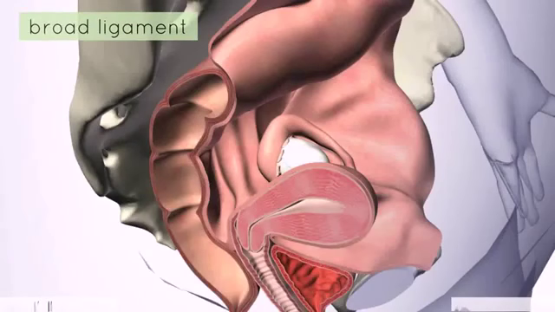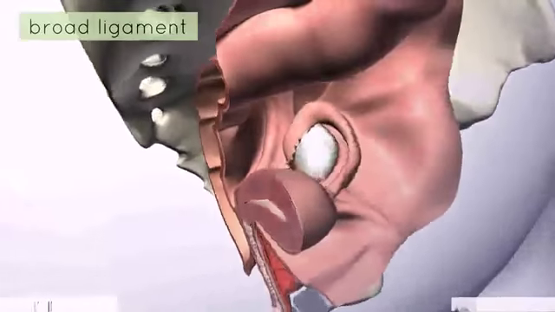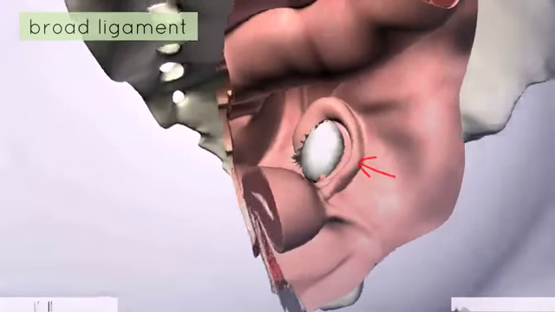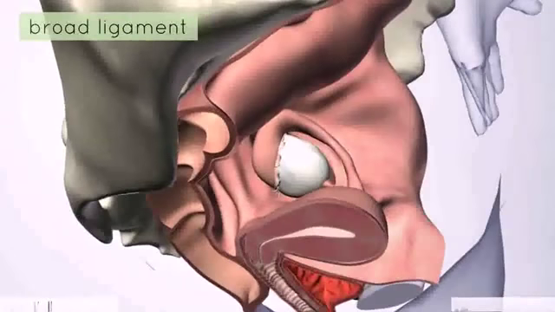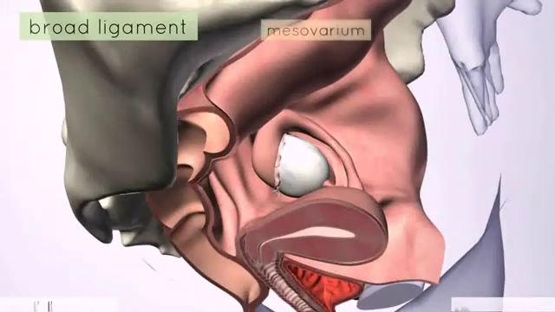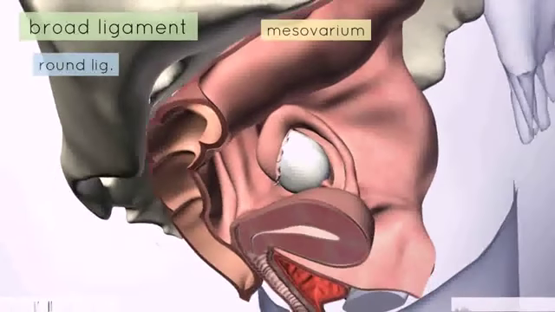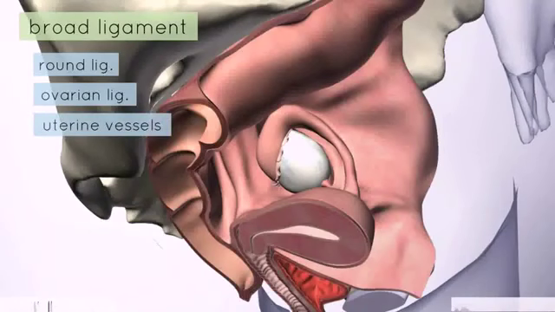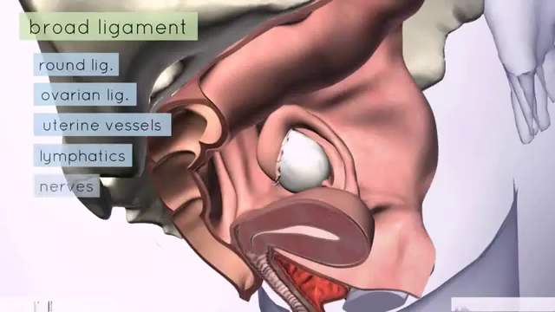And within it, it contains the fallopian tube in its free superior edge, which you can see here. It also attaches to the ovary via its posterior aspect, which is known as the mesovarium. It contains the round ligament, the ovarian ligament. It also transmits the uterine vessels and various branches of the ovarian vessels, and it also carries lymphatics and nerve fibers.